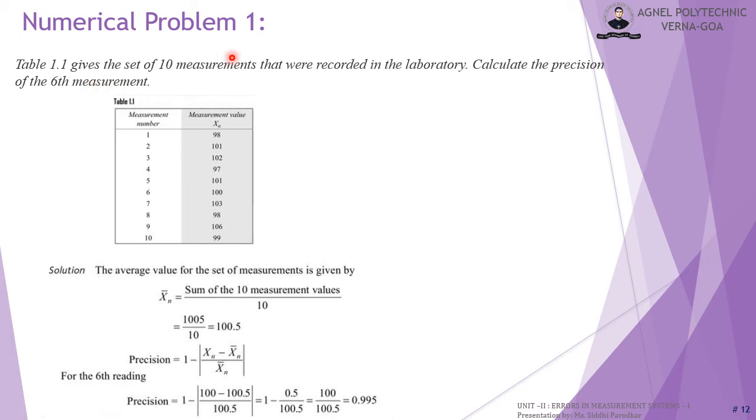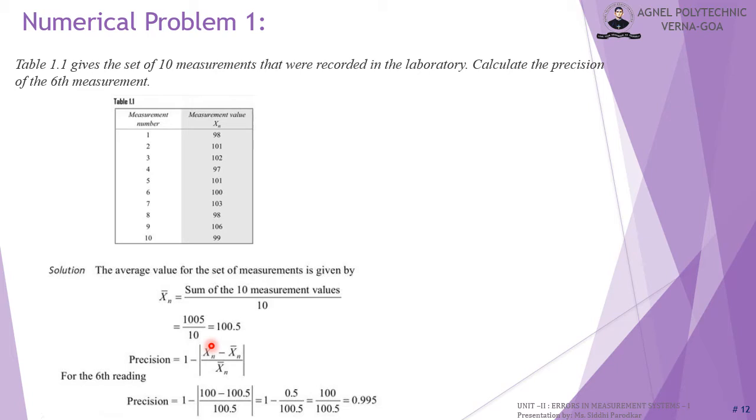Let us solve one numerical problem. The problem states that table 1.1 gives a set of 10 measurements that were recorded in the laboratory. Calculate the precision of the sixth measurement. The formula for precision is 1 minus absolute value of xn minus xn bar upon xn bar, where xn is the nth measurement.